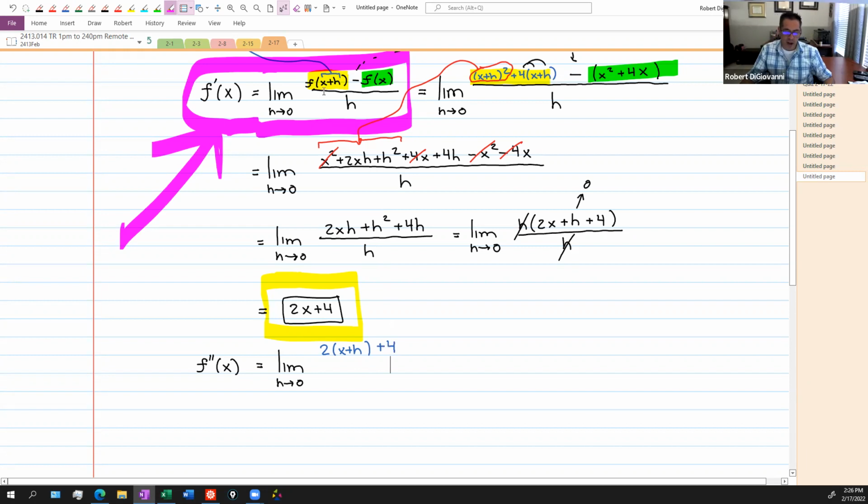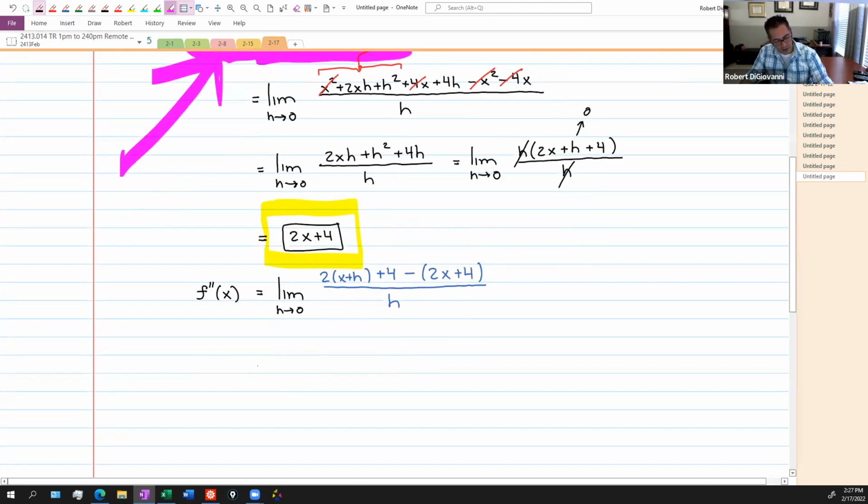Good. That takes care of the top left. And now minus what? Minus the 2x plus 4. Parentheses, good, like that. And then all of this over h.